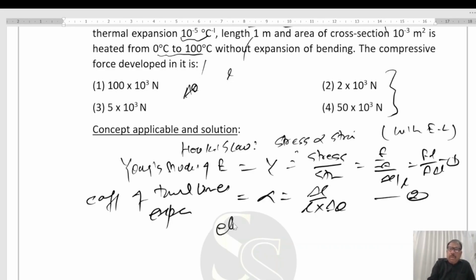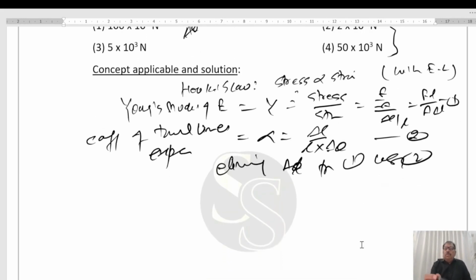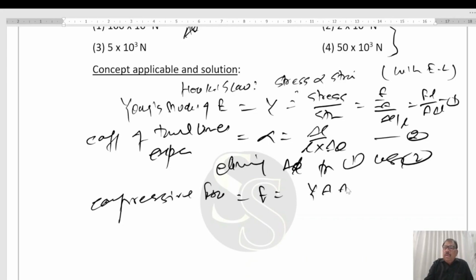Now eliminating delta L from 1 using 2, the compressive force F will be equal to YA delta L upon L, with delta L replaced by alpha L delta theta, and L cancels.